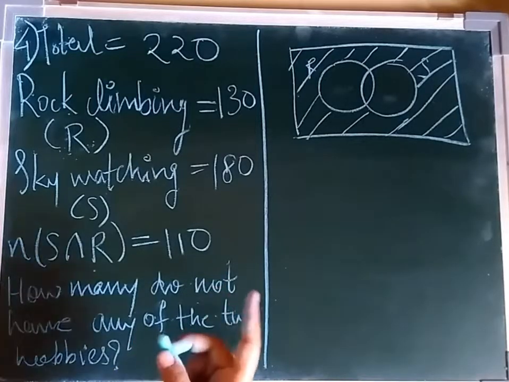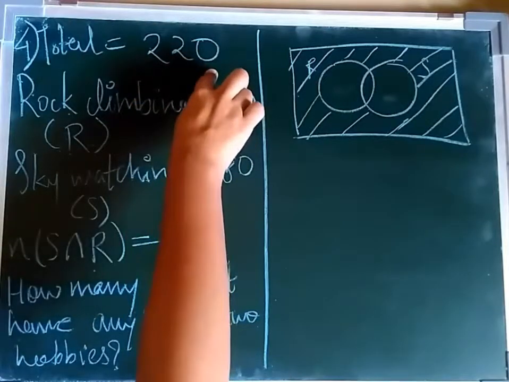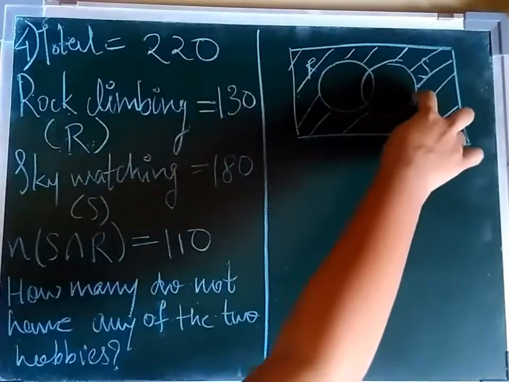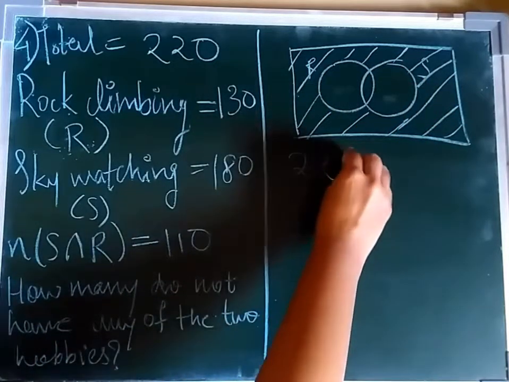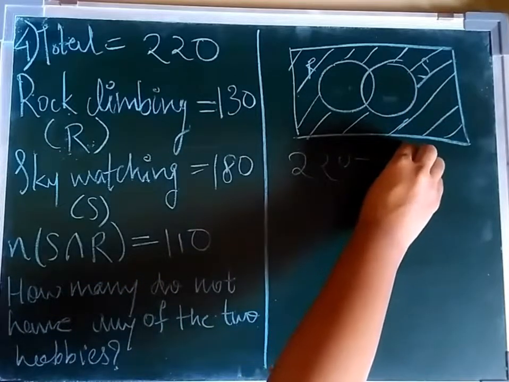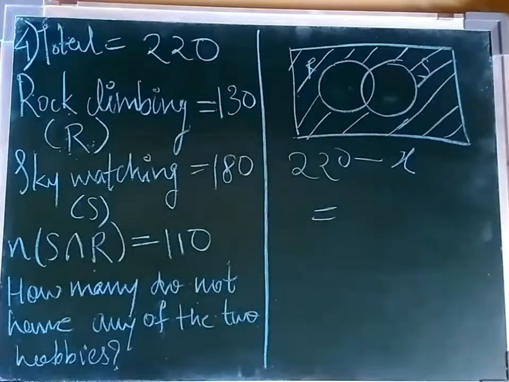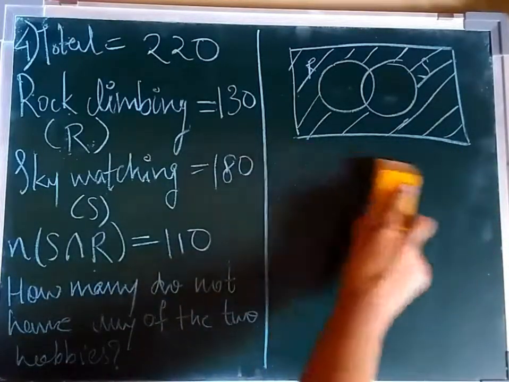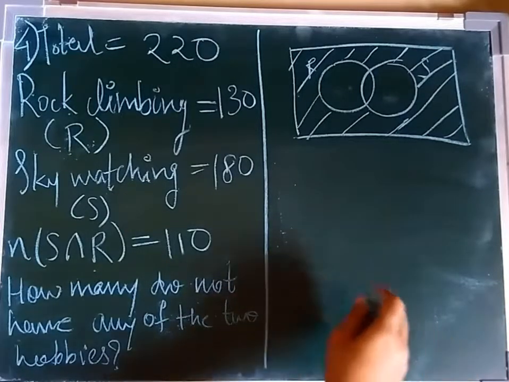To find that, now this total area is 220 students. Within this, we need to find the area of the unshaded part, let's suppose it is X, so that if we subtract the circles from 220, we will get the shaded region. That will be the answer for this question. So what is that part? That part is nothing but the union of both.